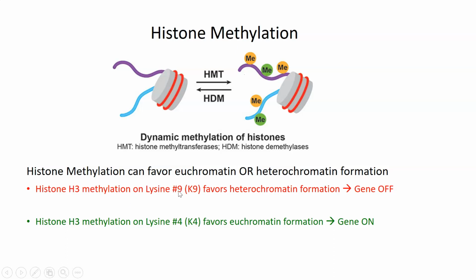If histone H3 is methylated on lysine number 9, that favors heterochromatin formation, and genes would be off. If it methylates a different lysine, number 4, that favors euchromatin formation, and genes would be on. Right? HMT adds methyl groups, HDM removes methyl groups.